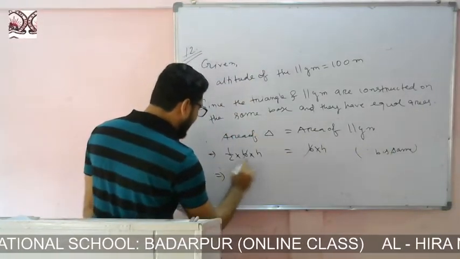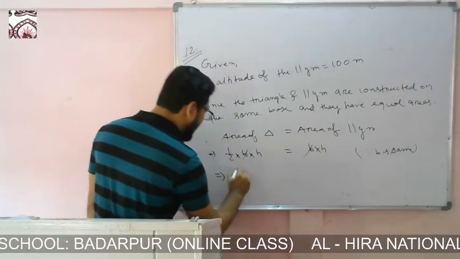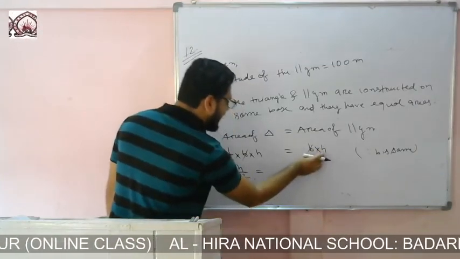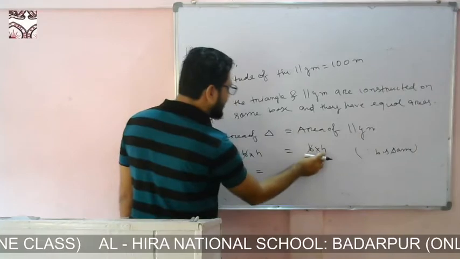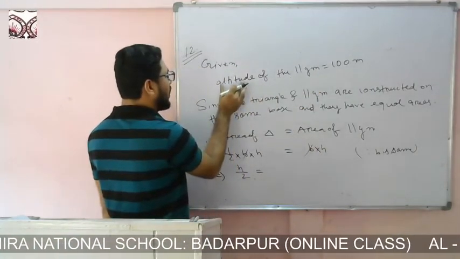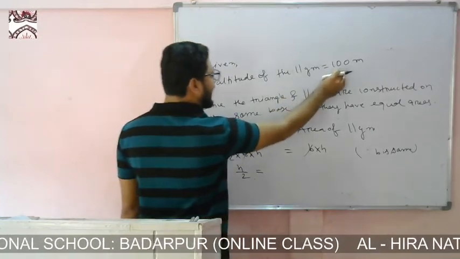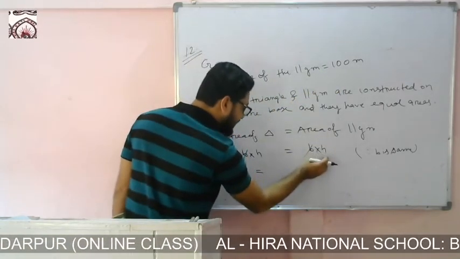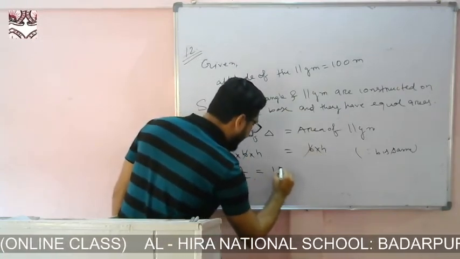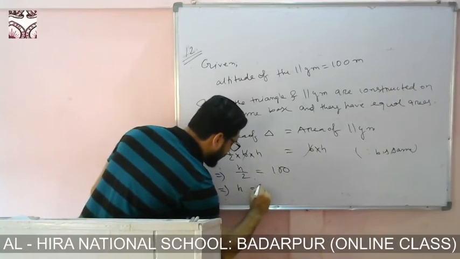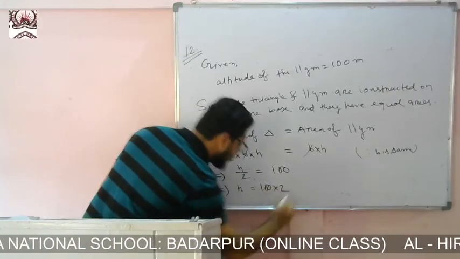So from here, h into 1 means h by 2 equals the altitude of the parallelogram, which is 100 meter. So in place of h, I can write 100. Then h equals 100 into 2.